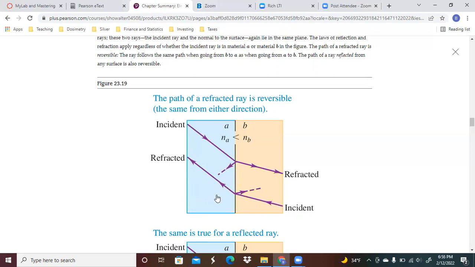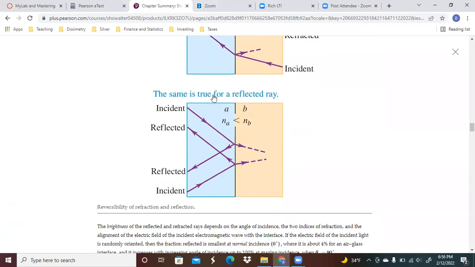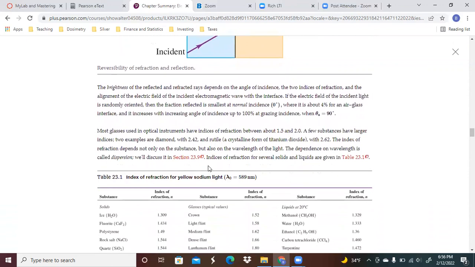Obviously, the reflection is going to occur in this part of the medium as opposed to over here if the ray is coming from this direction. The same is true for this reflected ray. If it's bouncing this way, you will see some refraction here, but you will see the reflection going this way as opposed to over here where you will see it going back this way, but you're seeing the same pattern.